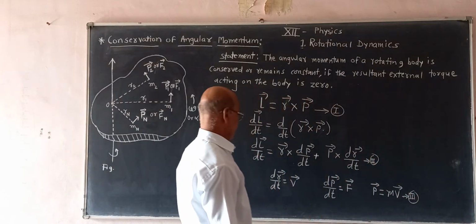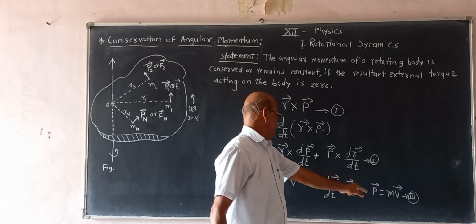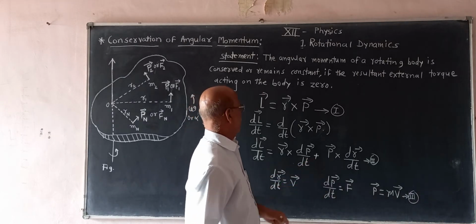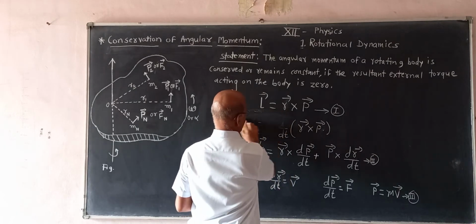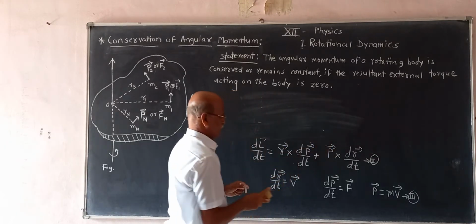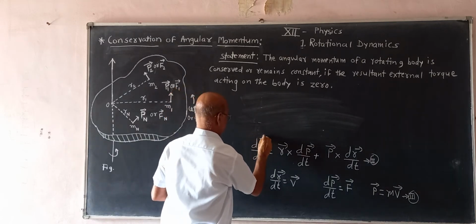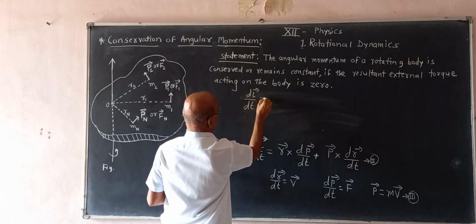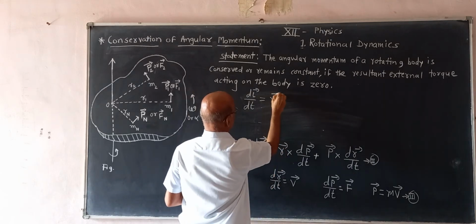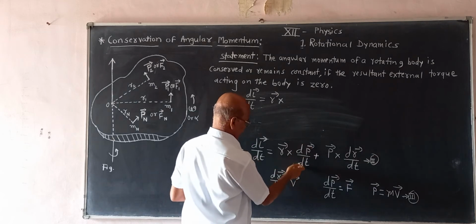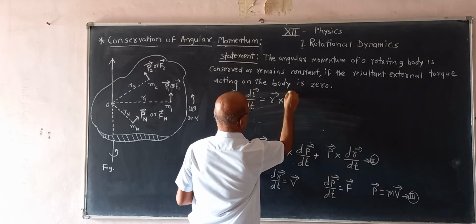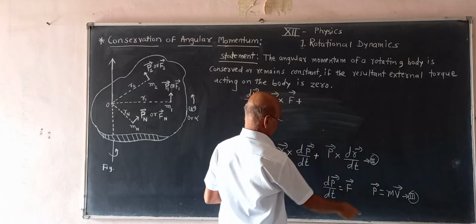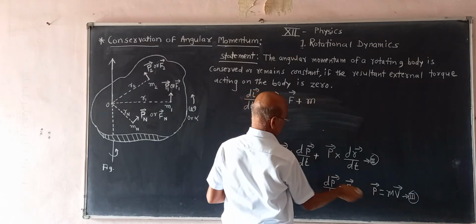Putting these values of dp vector by dt, vector p, and dr vector by dt as v in equation 2, equation 2 becomes dL vector by dt equal to r cross dp vector by dt, which means vector F, plus vector p, which means m v, cross v.